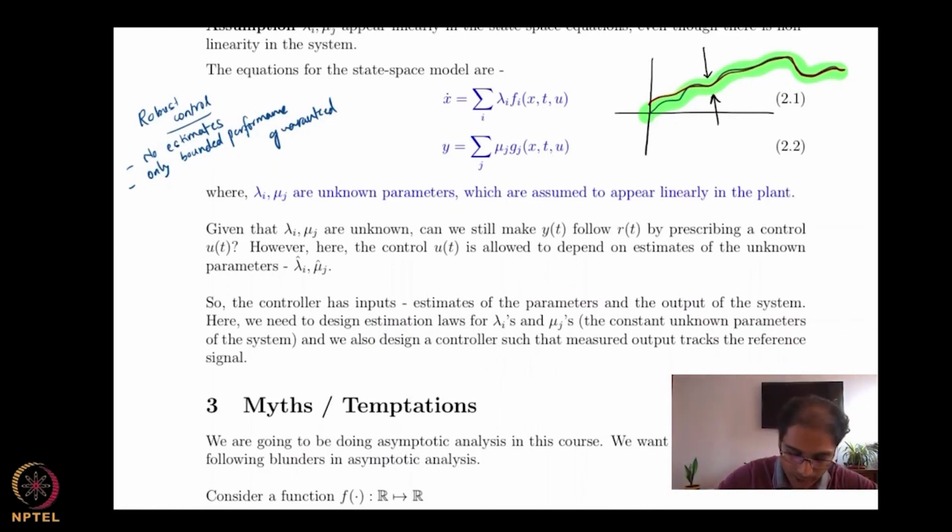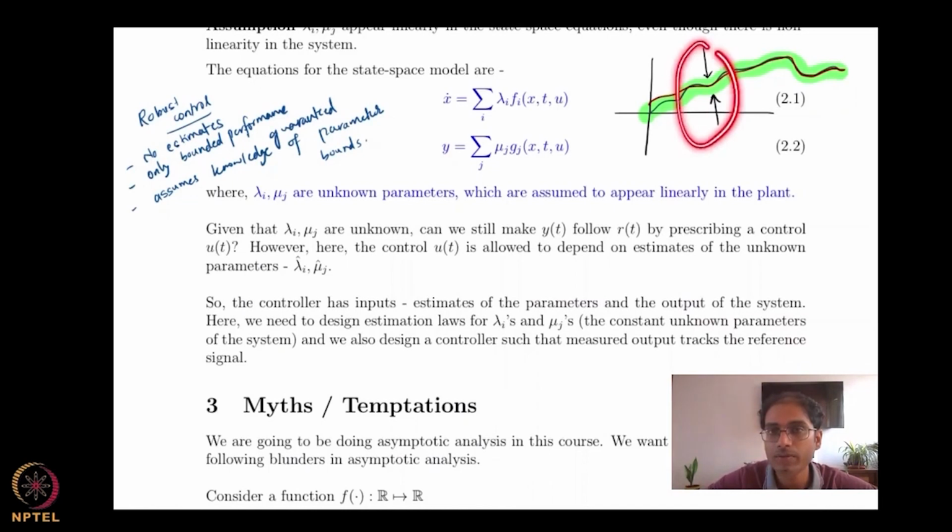The other thing is, a robust controller typically assumes knowledge of parameter bounds. Without parameter bounds, you cannot give such kind of a bound here.